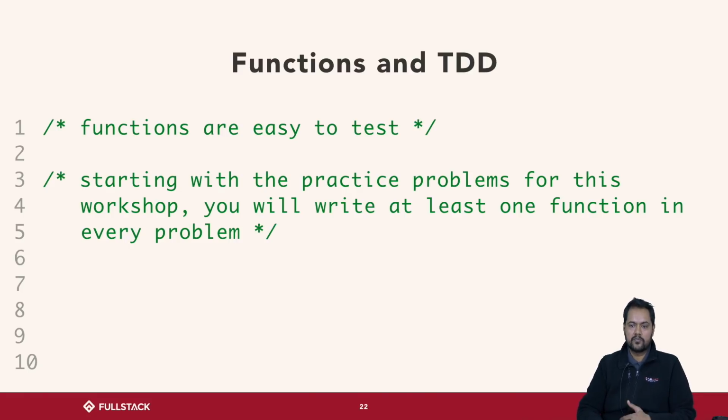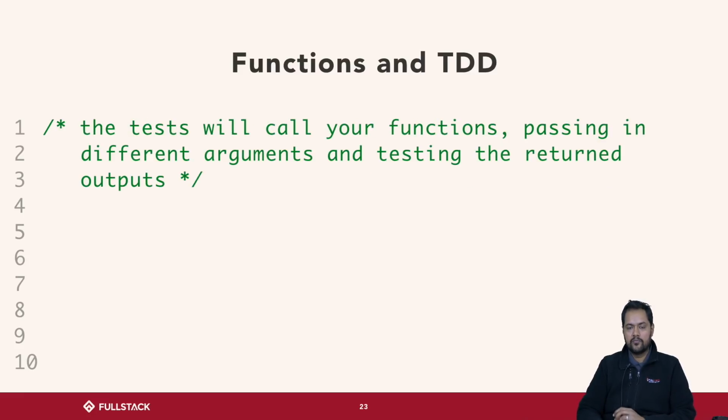Starting with the practice problems for this workshop, we will be writing at least one function in every problem. The tests will call the functions that you write, and will test the outputs. The tests will pass in different arguments to your functions, and whatever is returned is what will be tested. That's how we'll know whether your function is written correctly, because we'll be able to know whether the return output is what we're expecting or not.